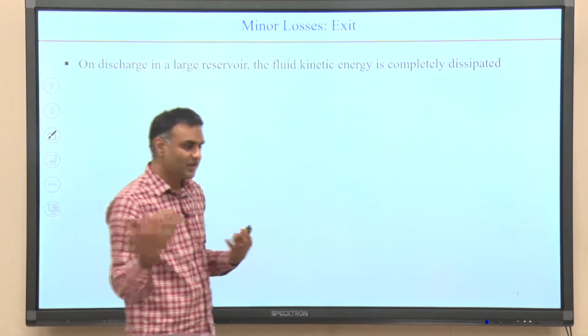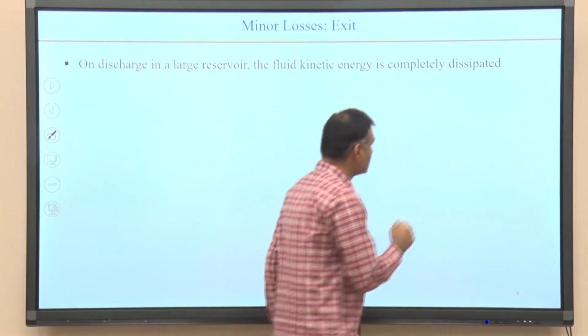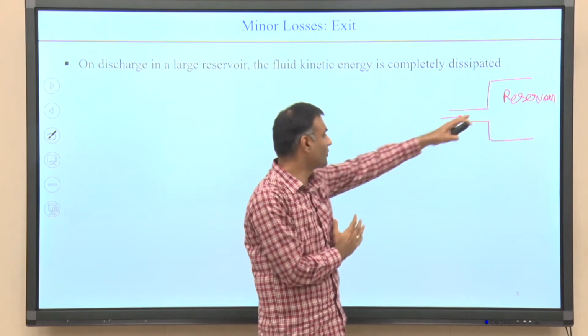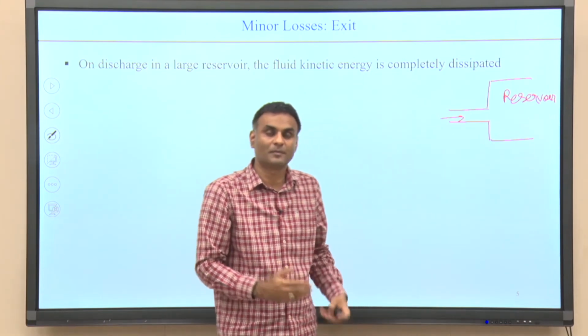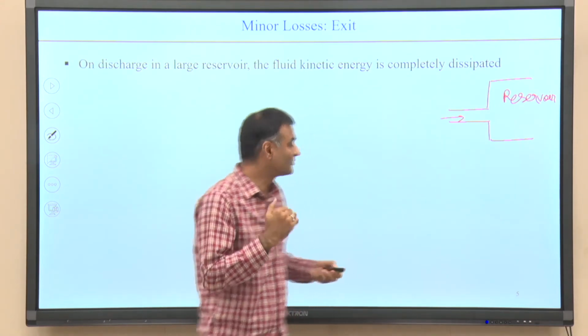So, when you talk about exit, generally the flow is going out into a large reservoir. So, basically if you have a pipe and from this pipe the flow will be going out to a reservoir. Because the reservoir area is large, the velocity of the fluid as it goes from the pipe to the reservoir is almost going to 0 in the reservoir.